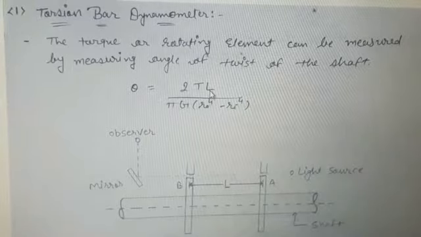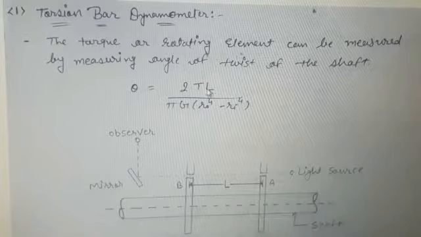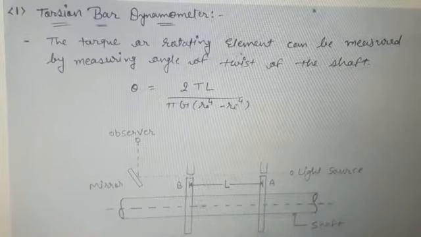And L means length of the shaft, the length of shaft under which the twisted angle is being measured. So not the whole length, only the length of shaft under the case of measuring the twisted angle. This is the L.